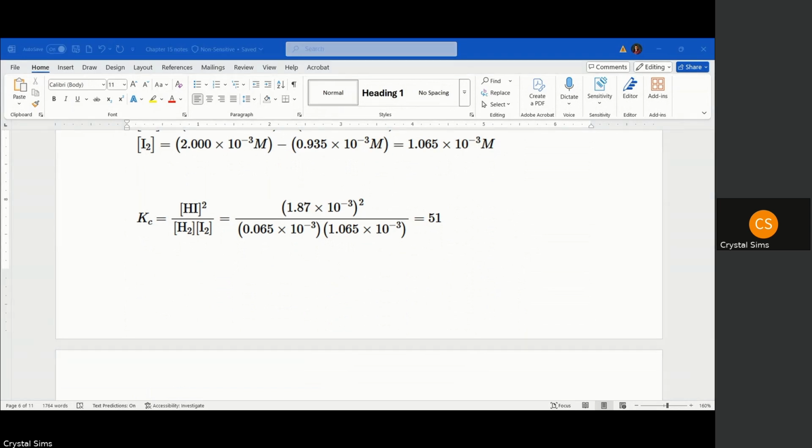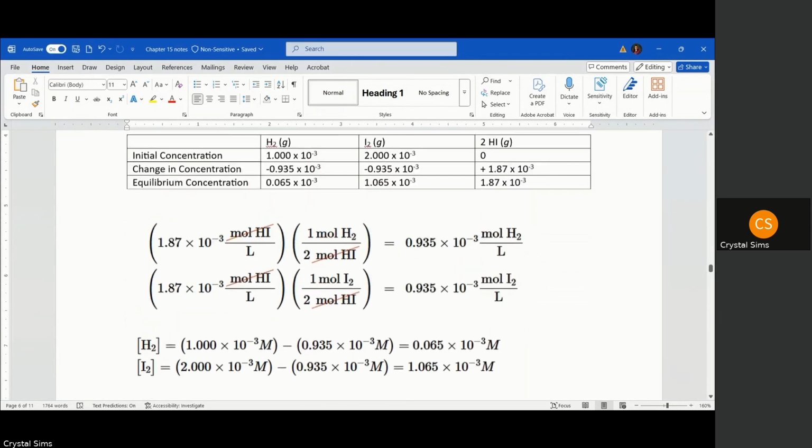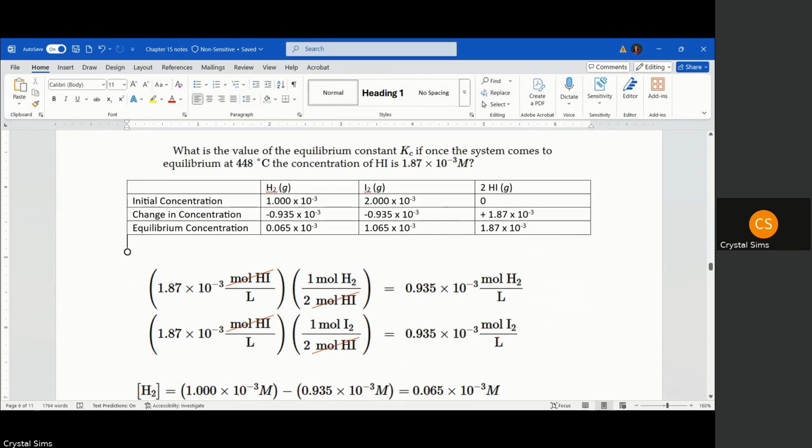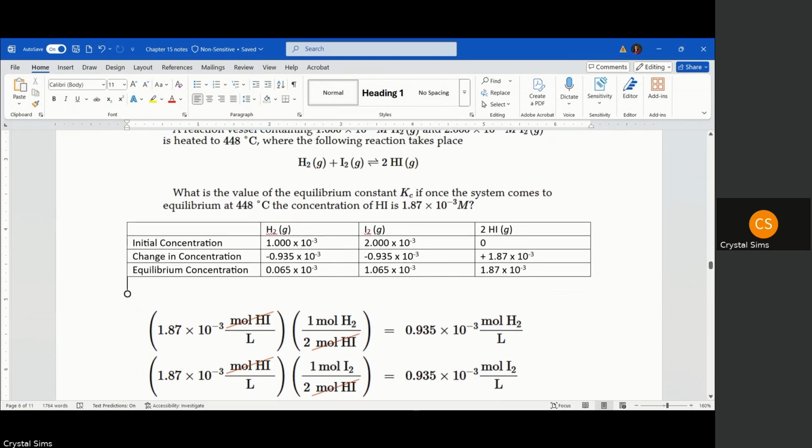Okay? So now we've seen two examples: one where we know all of the equilibrium concentrations and one where we don't.